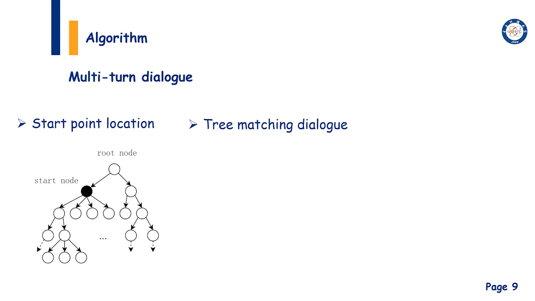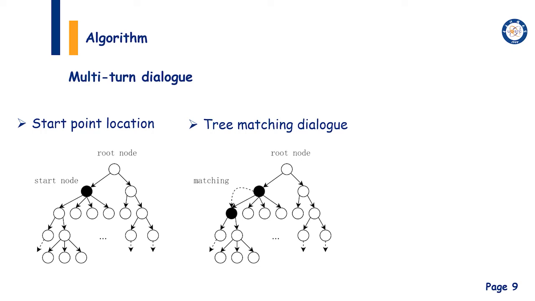We traverse from the root node to the leaf node if the semantic slot value of the current node matches the extracted semantic slot value, then continue to traverse downwards, and finally select the end node of the longest path as the start dialog node. Second, the tree matching dialog is used in the dialog process.